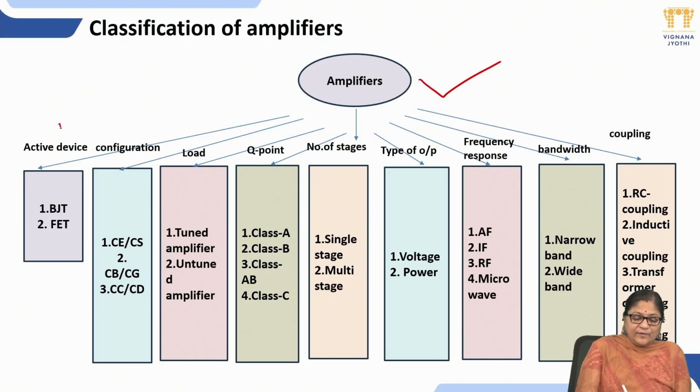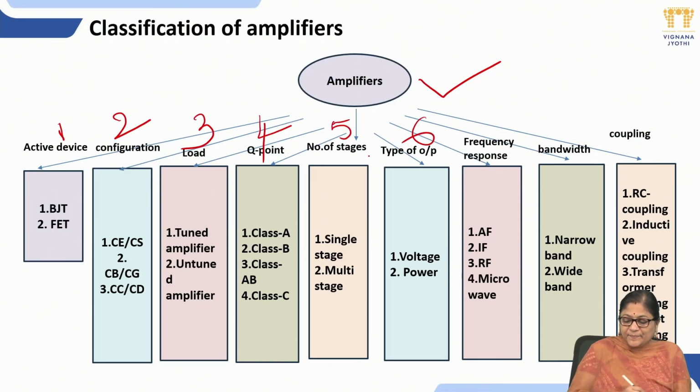Number 1, how the active device is used; number 2, what are the configurations of the devices; number 3, what load will be used; number 4, where the Q point is located; then the number of stages. Next classification comes based on the frequency response. The next parameter is bandwidth, and the classification will be done based on the bandwidth of the signals we are applying. Finally, based on the coupling.